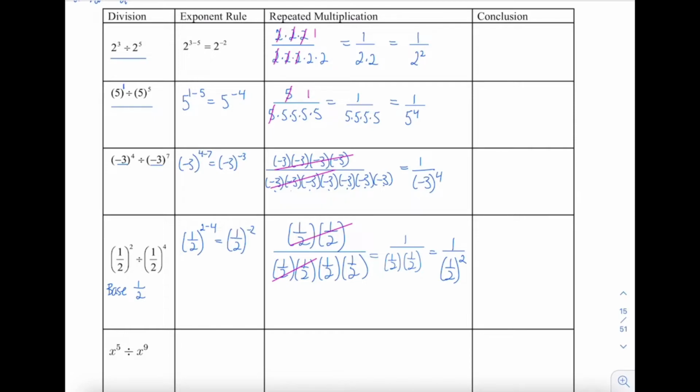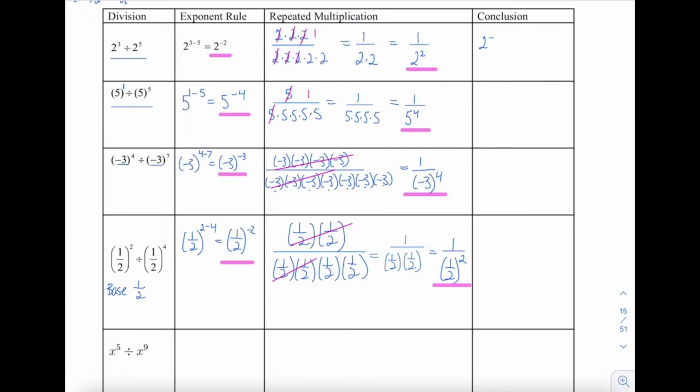Okay, let's make some conclusions here. So basically, what I want to do is compare the exponent rule answers with the repeated multiplication answers, because this is math. We didn't change anything, everything still equals everything. We've just changed the form.